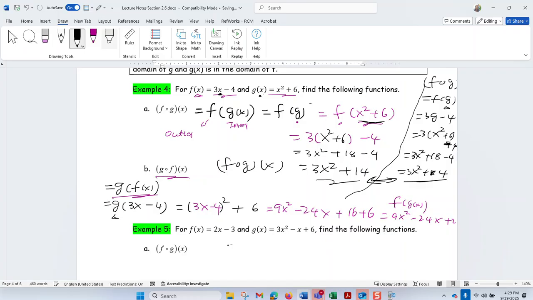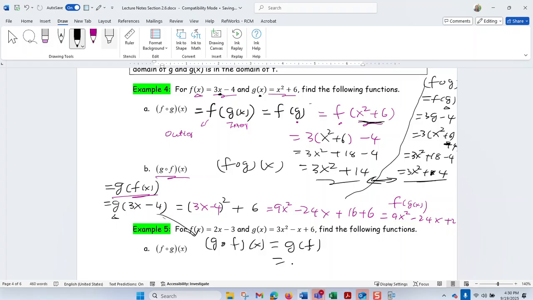I think sometimes people find the second way even a little bit easier. So if I want to do the second way for the second one, I have g composite f, right? And then g will be the outer, f will be the inner. So now I go to g directly and replace the x by f. Replacing x by f seems very easy, right?